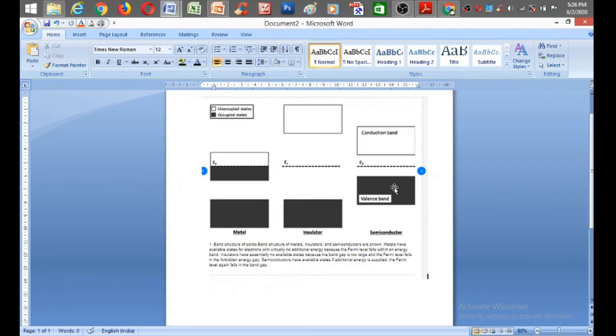So when you have a semiconductor at room temperature, because of the thermal energy contributing to the room temperature, these electrons are thermally excited from the valence band to the conduction band.